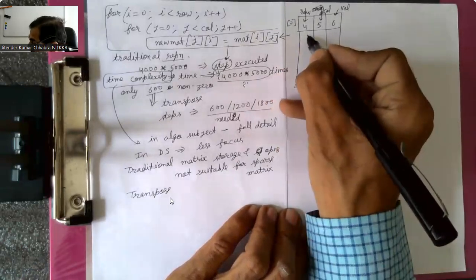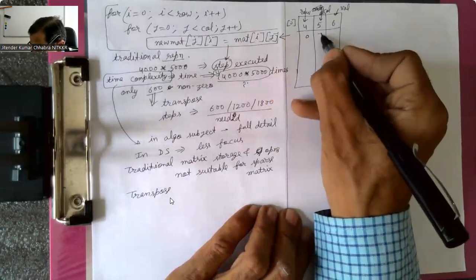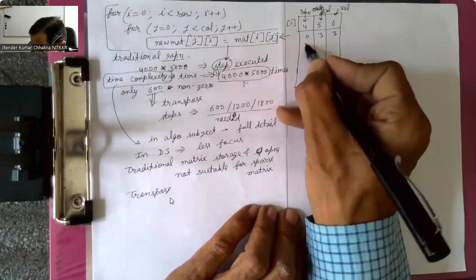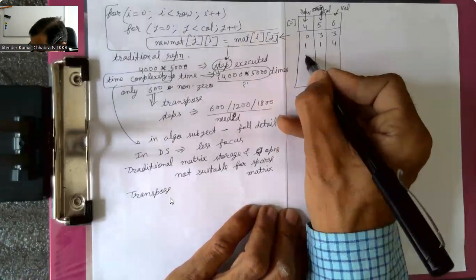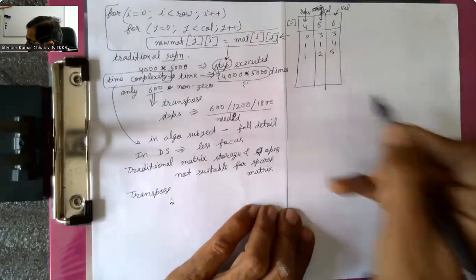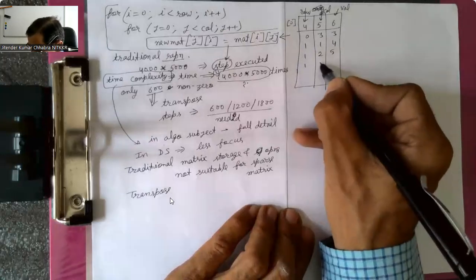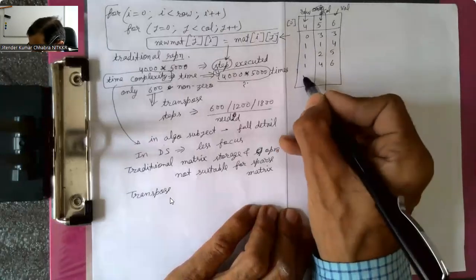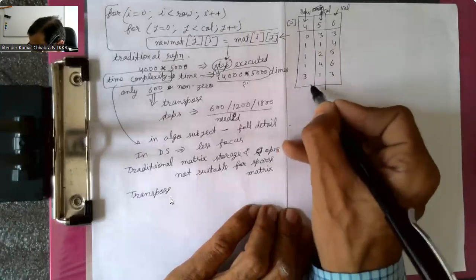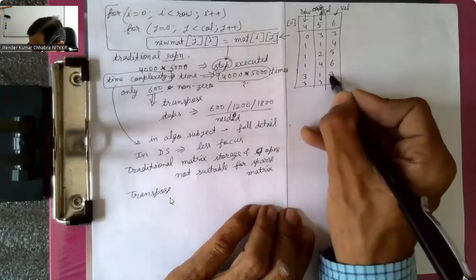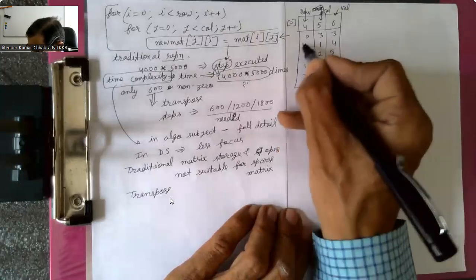And the values which I had stored were 0, 3, 3, 1, 1, 4, 1, 2, 5. Let me just see the previous entries: 1, 4, 6, 3, 1, 3, and 3, 3, 3, 1 minus 3, and 3, 3 minus 7.